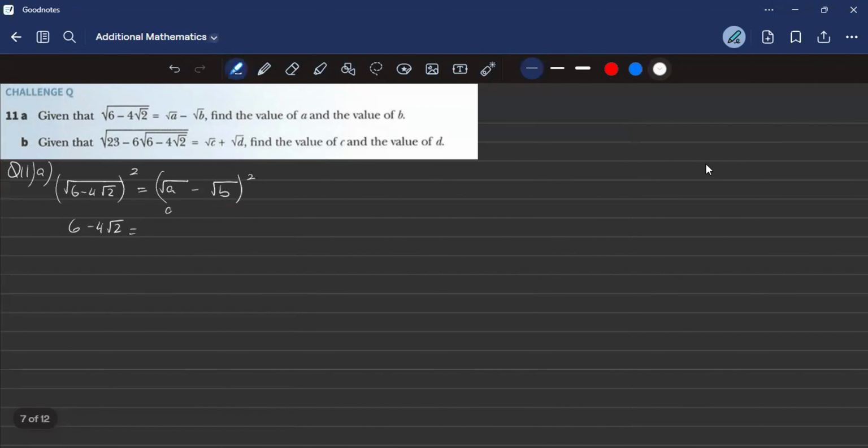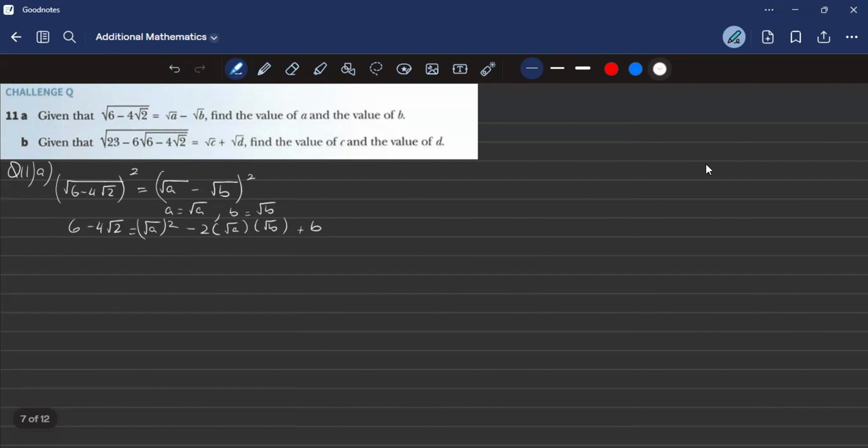whole squared. So we again know that a is equal to under root a and b is equal to under root b. And that would be equals to, so a minus b whole squared is equals to a squared, so under root a whole squared minus 2a, which is under root a, b, which is under root b, plus b squared, which is equals to plus b.